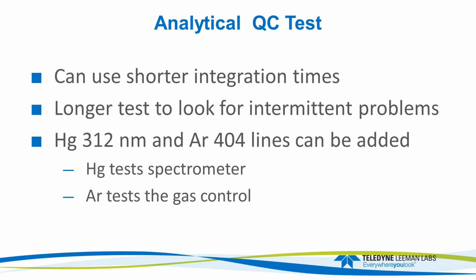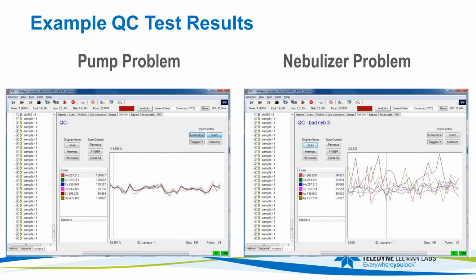Okay. All right. So here's a couple of QC test results on some instruments, on my instrument in the lab. On the left-hand side, this is a pump issue, and you can see things are sort of jumping all over the place. It's a relatively short test, but everything's sort of tracking.